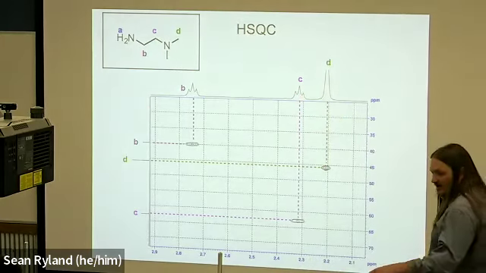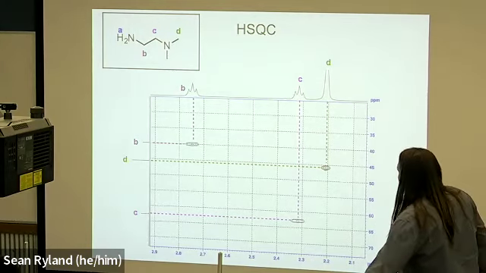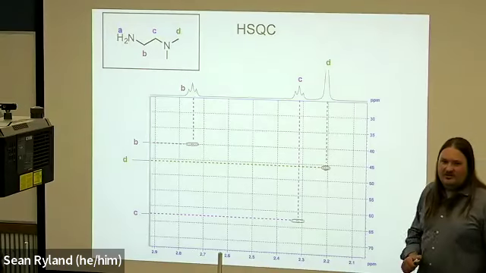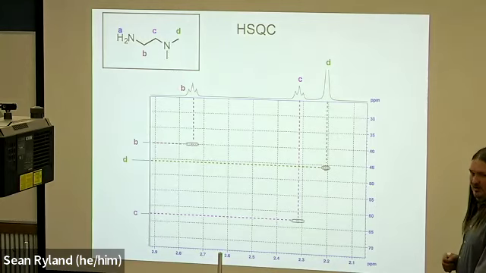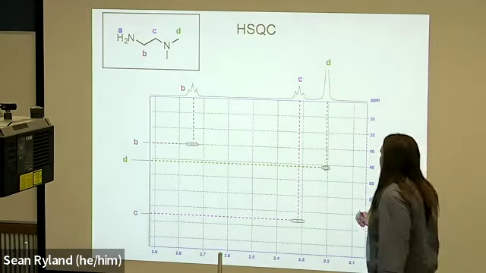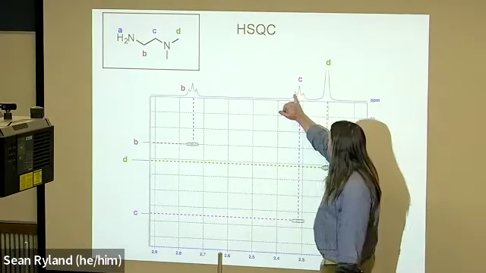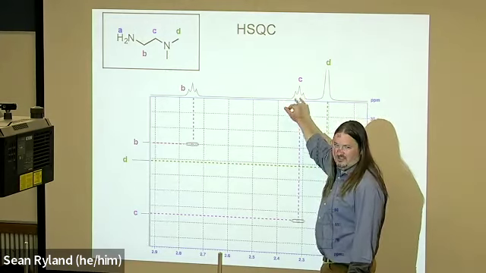And I guess this is also a good time to bring up a concept that we didn't really talk about very much, called coupling constants for these one-dimensional proton NMRs. The coupling constants are basically a more low-tech way of doing COSY. Just because the report sheet asks you for this, your coupling constant is basically the distance between the splitting, between the peaks within the same signal.